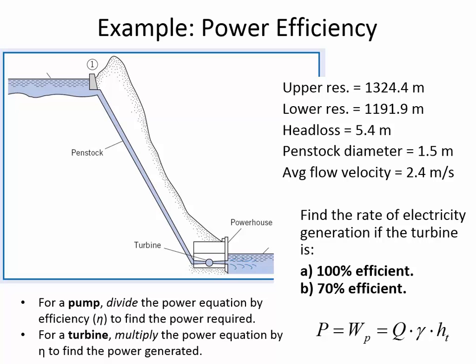In the case of a pump, think about it the other way around. What if we were lifting water from the lower reservoir up to the higher reservoir? So let's say reverse this problem. What if you had to pump the water uphill? We could calculate using the energy equation the same way that we did before. You have to overcome the elevation difference, and then you also have to overcome the head losses.